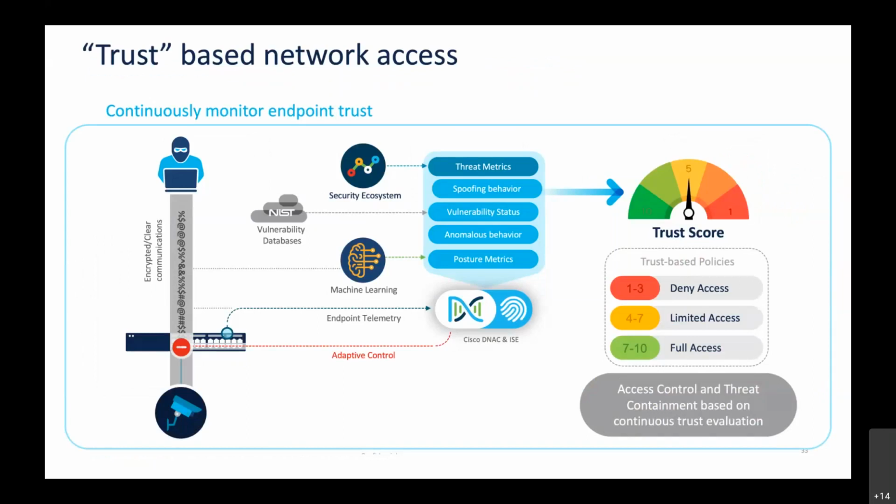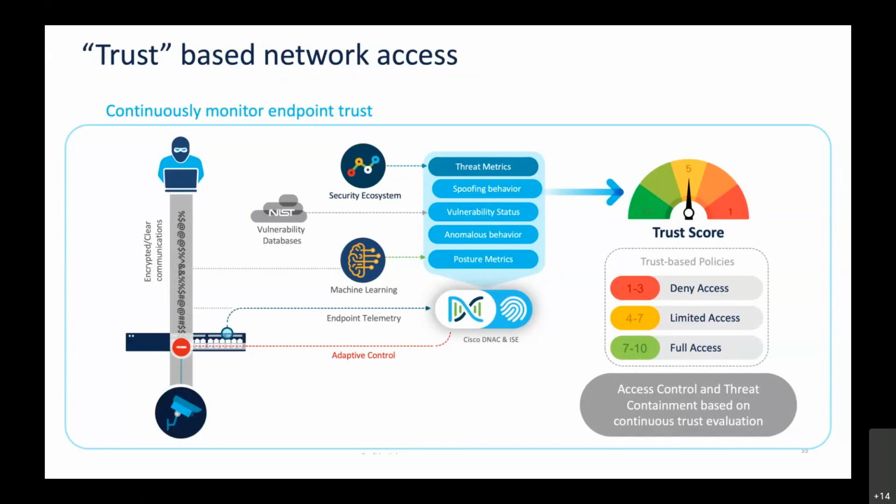I know it looks like a lot, but trust analytics functions very similarly to how endpoint analytics does. So if you remember, we have our various telemetry sources. We take those sources of information, we aggregate that information, and for the purposes of endpoint analytics, we calculate a profile.